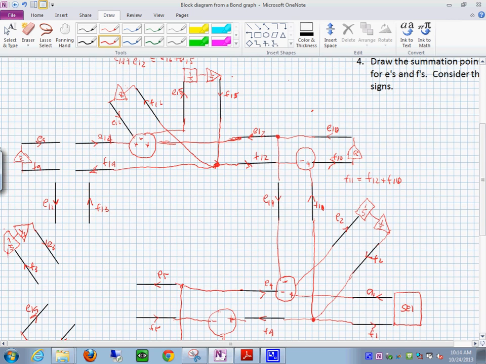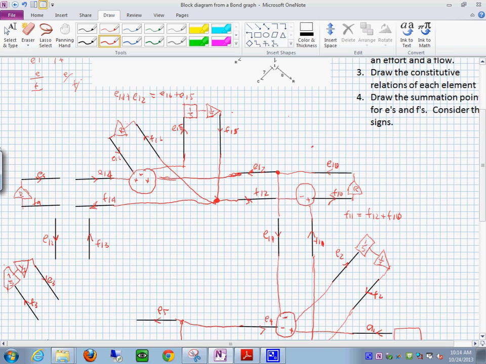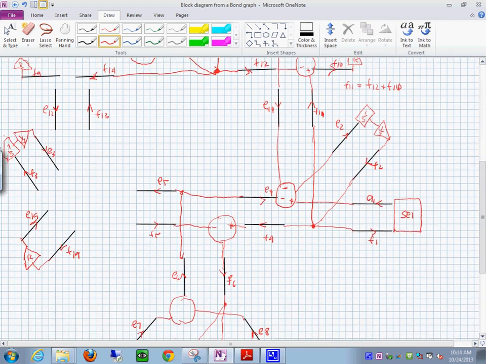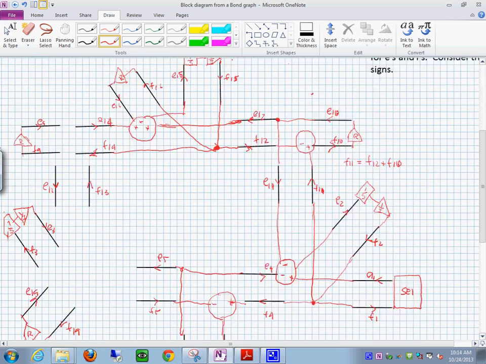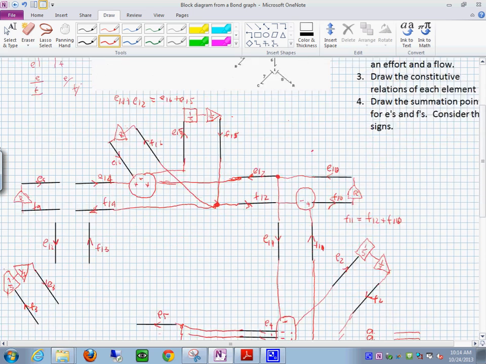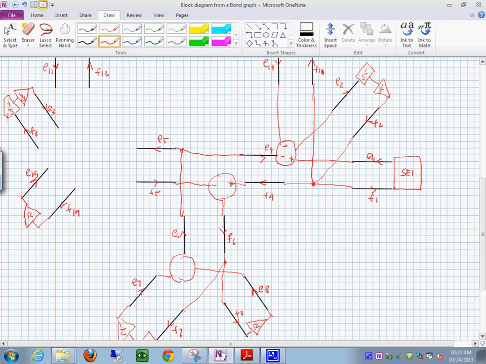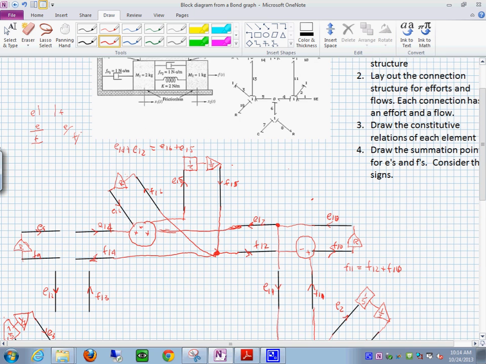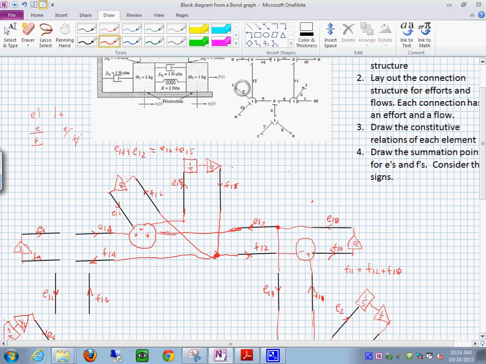So how do we write it in there? It's not E1. What is it? E sub 6, excuse me. E sub 6 is equal to E7 plus E8. So those two are plus signs here.